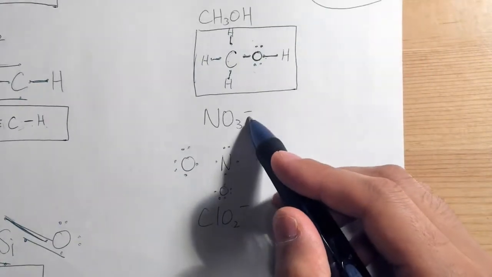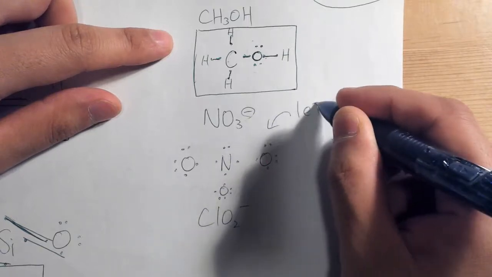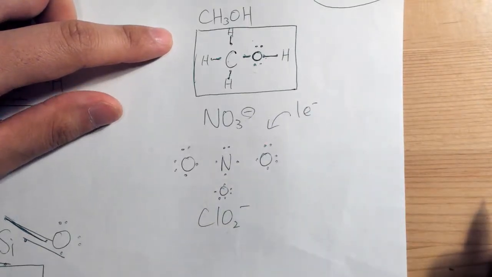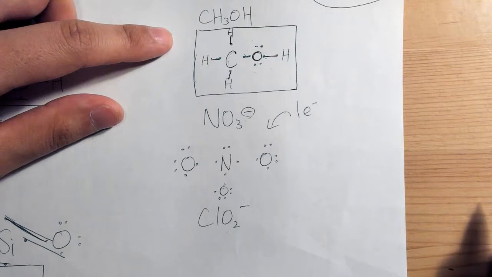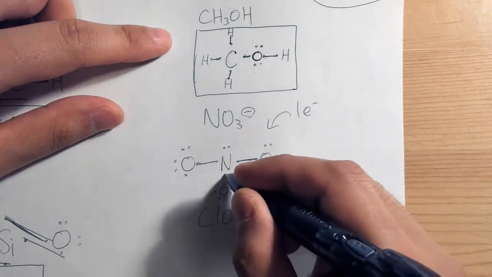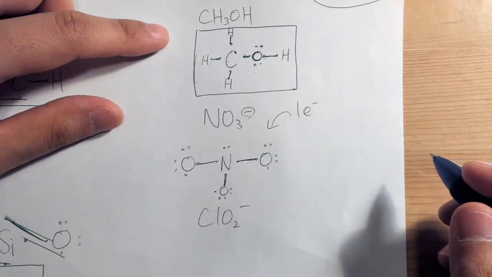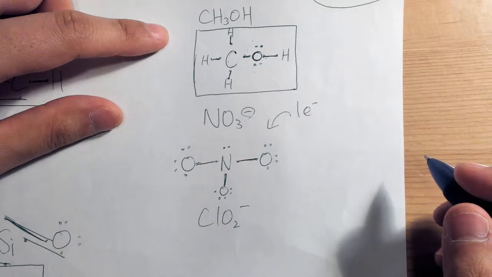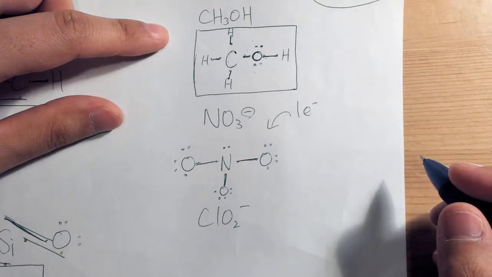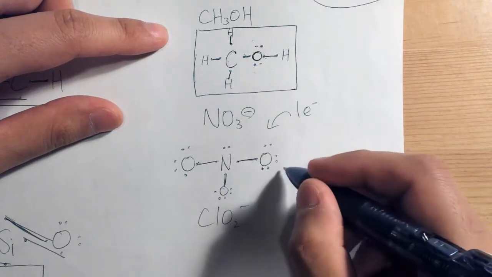There's an extra minus charge, which means there's going to be one more electron being added in here. So what I'm going to do is first connect the single lone electrons. And next, I'm going to add a random electron here. So that means this fulfills the octet rule.